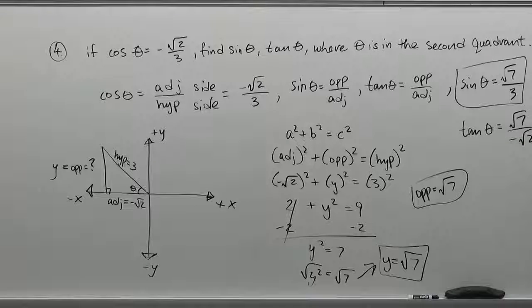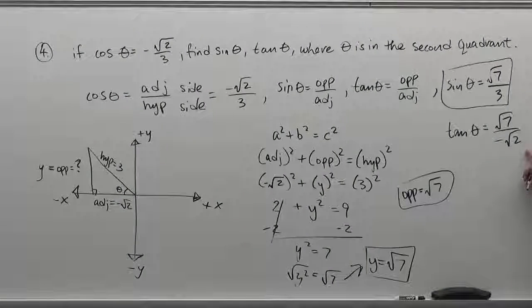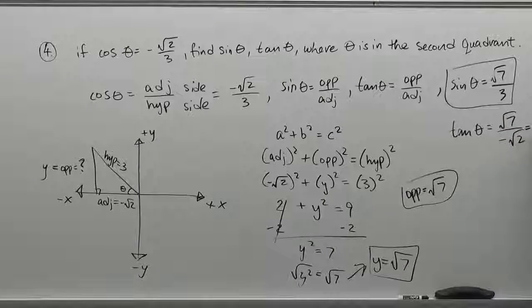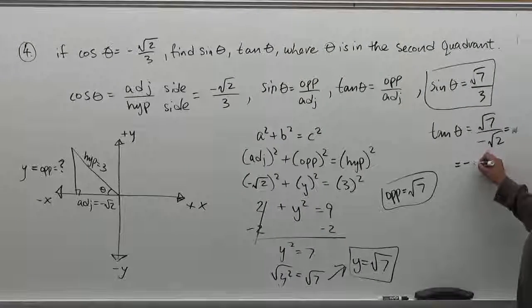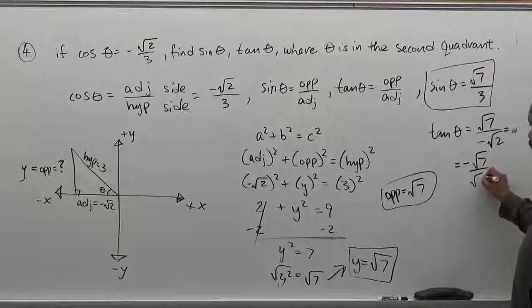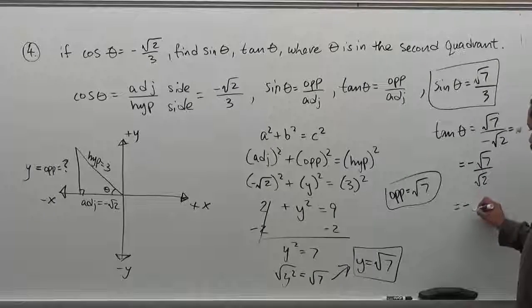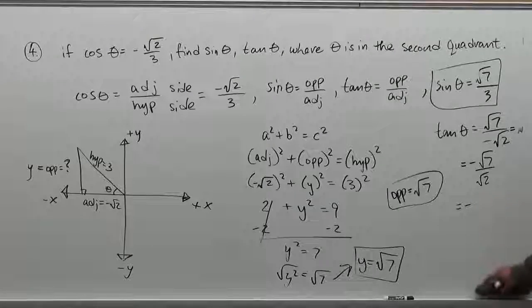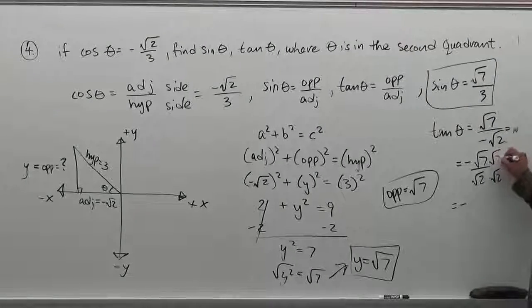And this takes some solving to do because you usually have to rationalize. Unless your professor accepts your solution just like this, we have to make sure there's no square root in the denominator. Besides that, the negative is automatically going to associate with the numerator. So we're going to put this here as negative square root of 7 over square root of 2. Let's rationalize by multiplying the top and bottom by the square root of 2.